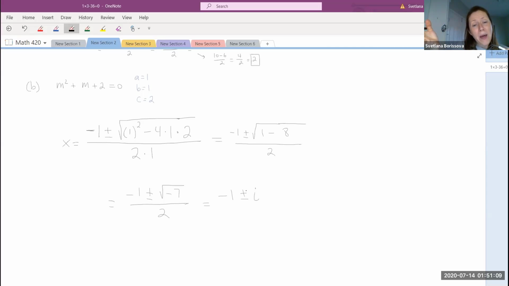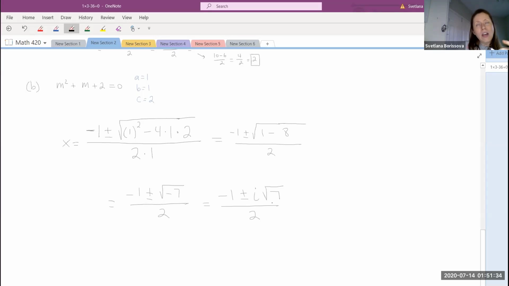No, 7 is a prime number, right? So there's nothing I can do with it to simplify or pull anything outside of the radical. So 7 cannot be split up, and it has to stay inside the radical. So the negative I pulled out became i, but 7 itself stays inside the radical like that. And then I have 2 in the denominator. So that's how we simplify it.